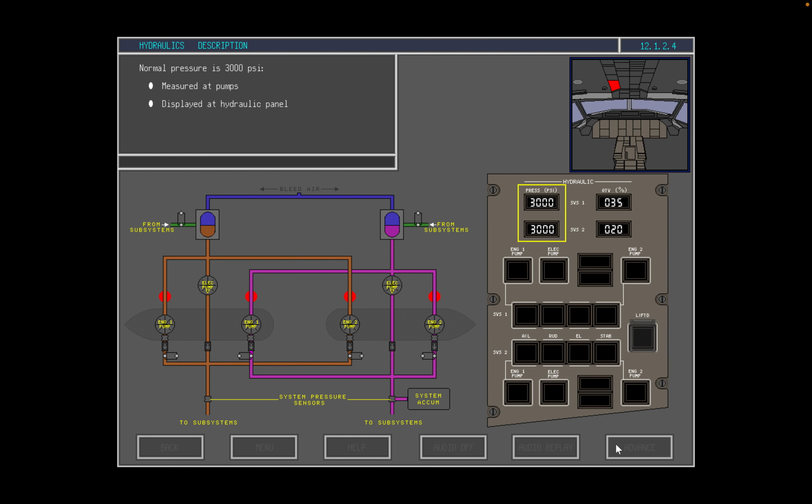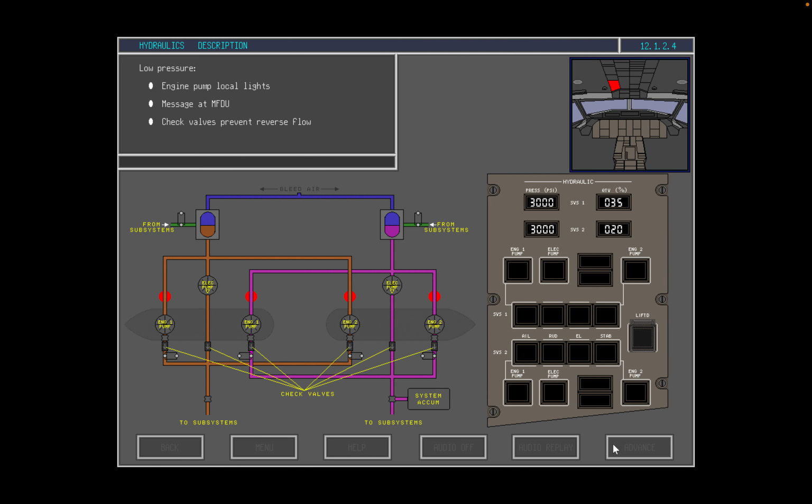The normal operating pressure of both hydraulic systems is 3000 psi. Sensors at the pump outputs measure system pressure, which is then displayed at the hydraulic panel. Low pressure conditions are annunciated by local lights in the associated engine pump push button at the overhead panel and at the MFDU.